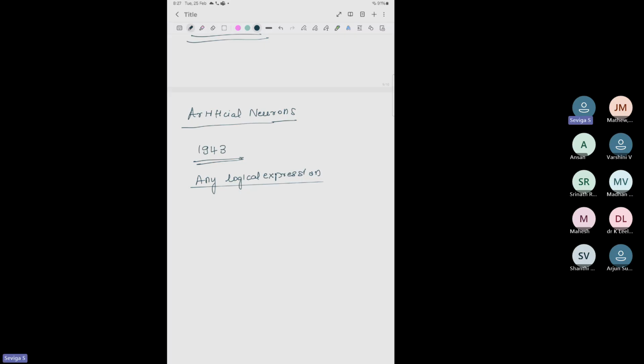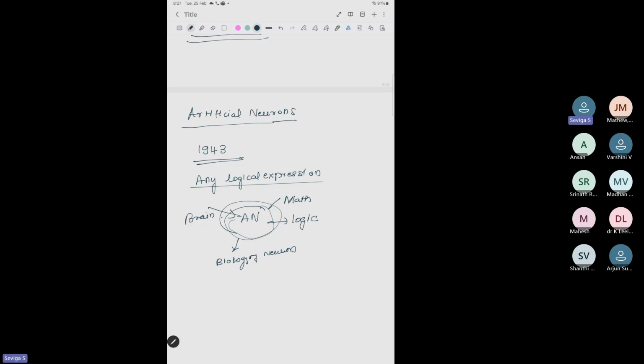So artificial neurons provide a bridge between math, logic, the biology of neurons, and the brain. It acts as a bridge between these concepts.